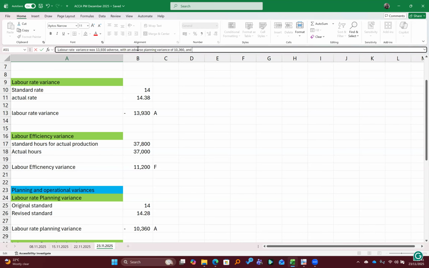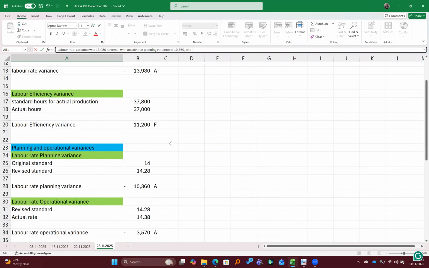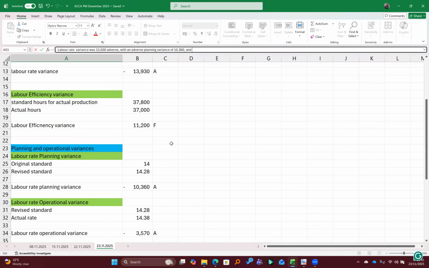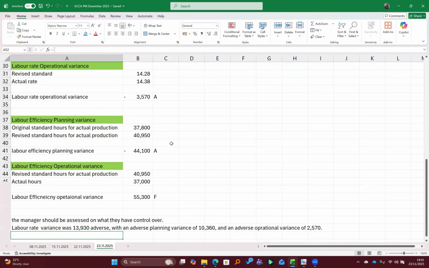And then the operation was also adverse. Okay, so that is the first statement you can make about labor rate variance.